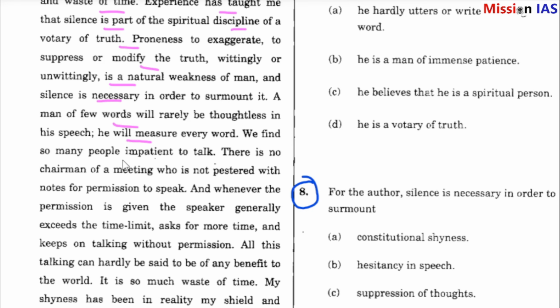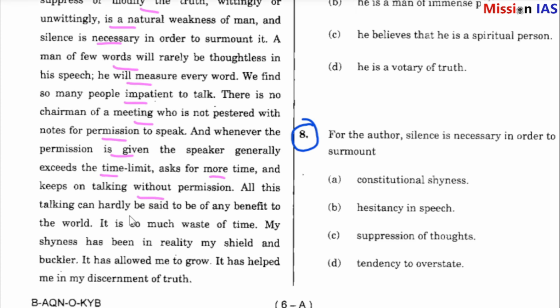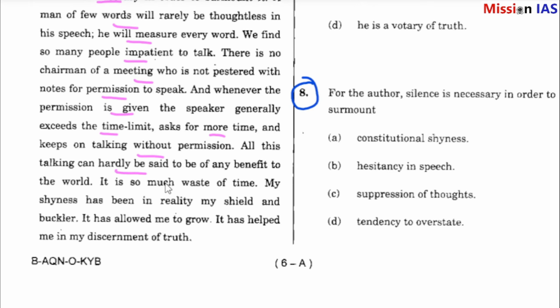We find so many people impatient to talk. There is no chairman of a meeting who is not pestered with notes for permission to speak. And whenever the permission is given, the speaker generally exceeds the time limit, asks for more time, and keeps on talking without permission. All this talking can hardly be said to be of any benefit to the world.